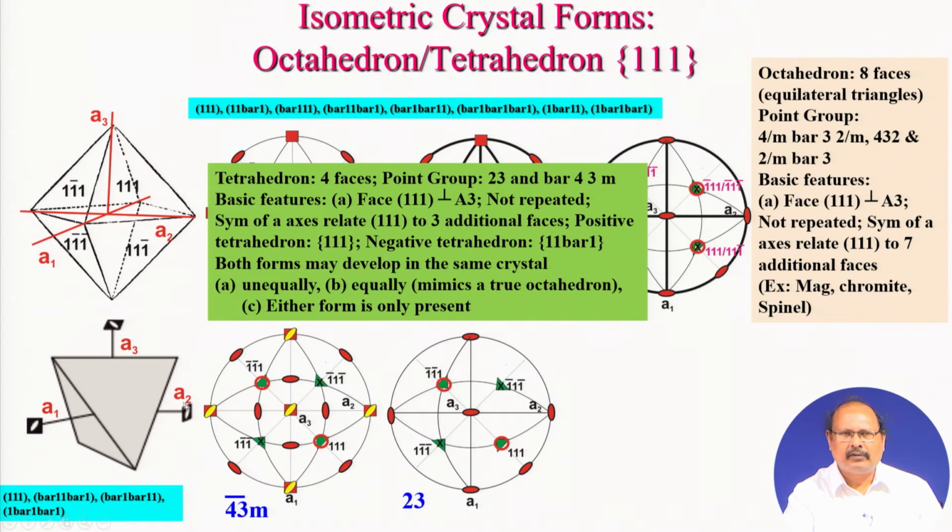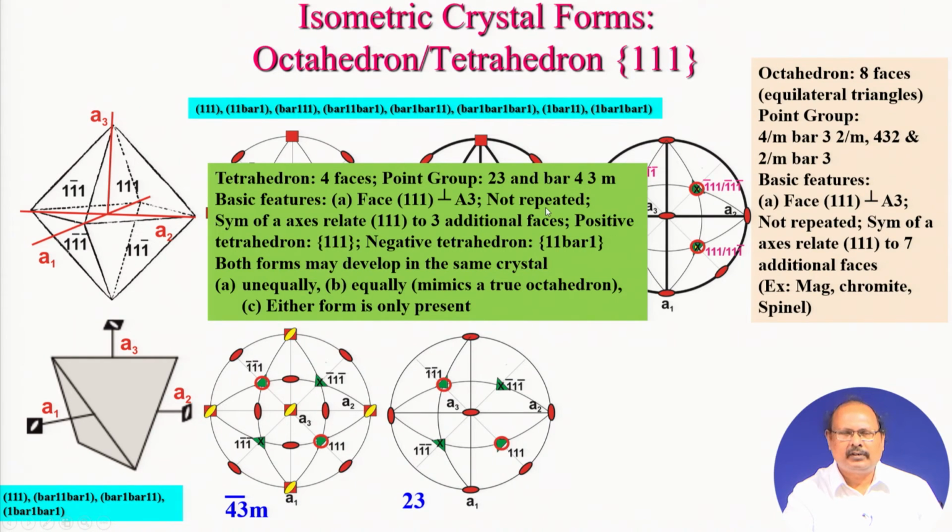This is another horizontal bar 4 axis, this is A2, and this is your vertical bar 4 axis, this is your A3. And this 4 faced form, which we call a tetrahedron, is seen in the point groups of symmetry 2 3 and bar 4 3 m.